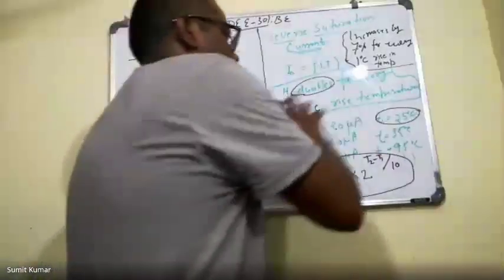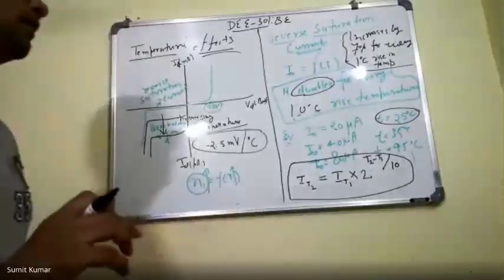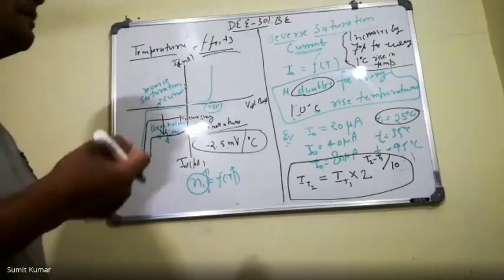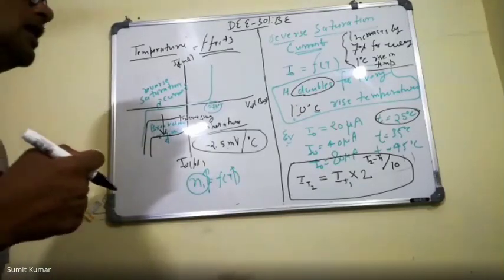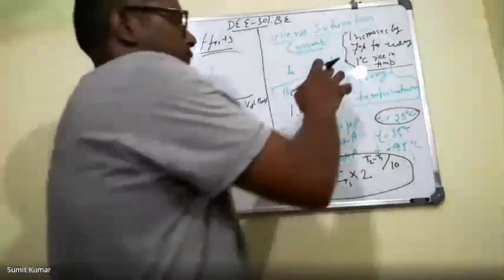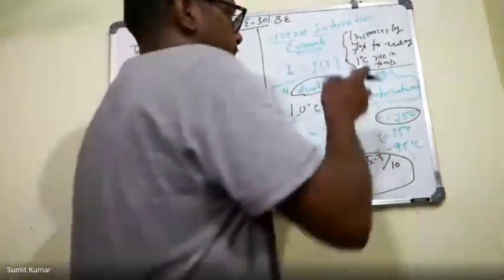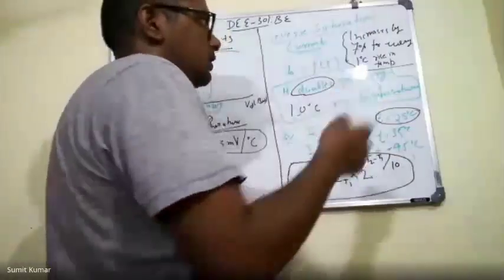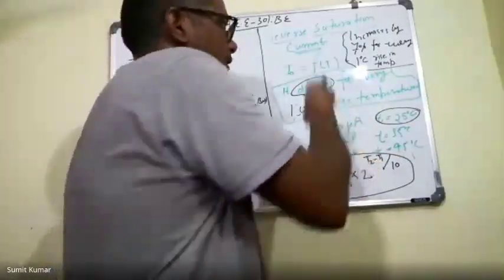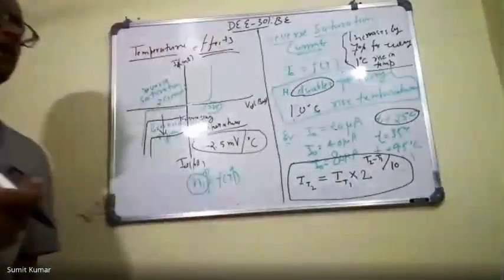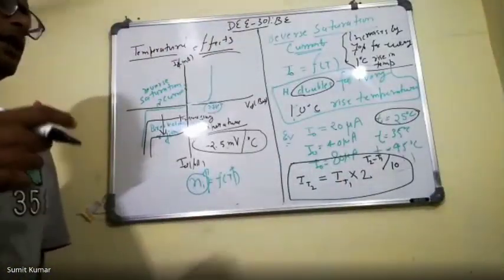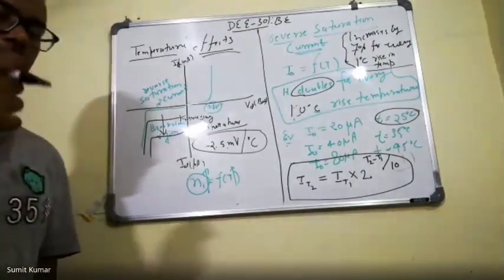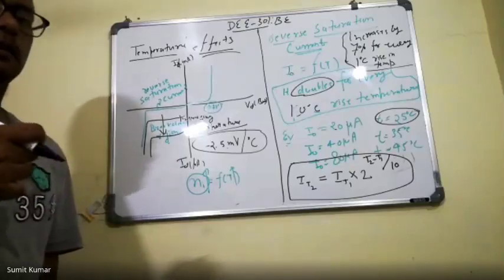If I am saying it doubles for every 10 degrees Celsius rise of the temperature, or if someone is saying it increases by 7% for every 1 degree Celsius rise in temperature. If you are not convinced, then use mathematics: assume the current x and increase it by 7% for every 1 degree Celsius, and if you go till 10 degrees Celsius, you will get double.